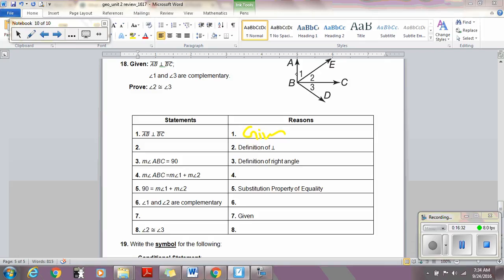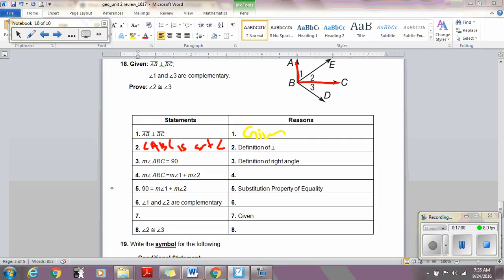The two lines in this picture are AB and BC. So those two lines form an angle when they meet, and it's a 90-degree angle, so we can say angle ABC is a right angle.